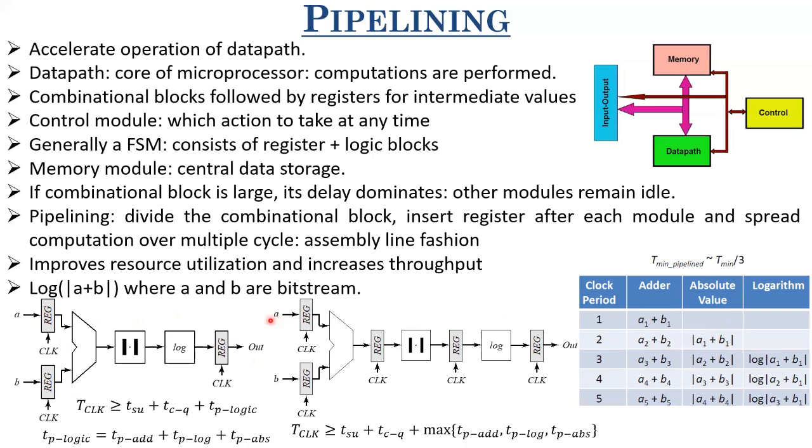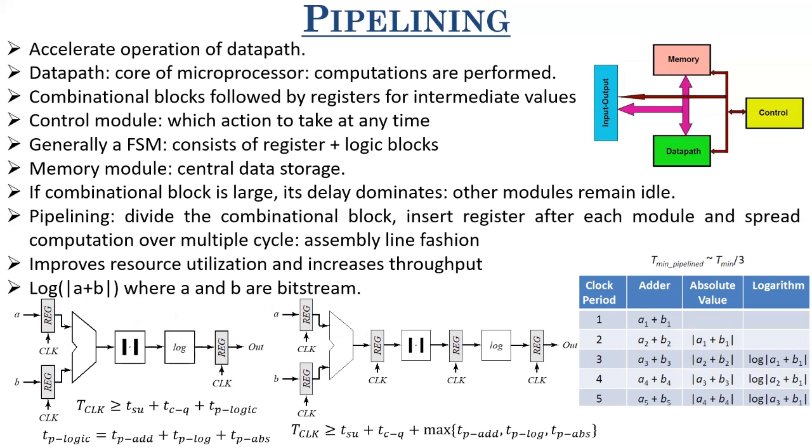The next values of A and B, that is A2 and B2, are also sampled and added in the next clock cycle. Similarly, in the third clock cycle, this shifts here and the logarithm of the mod of A1, B1 is performed. However, the modulo operator and the adder are not idle. The modulo operator gets A2 plus B2 and new values of A and B are sampled onto this adder and added in the third cycle.